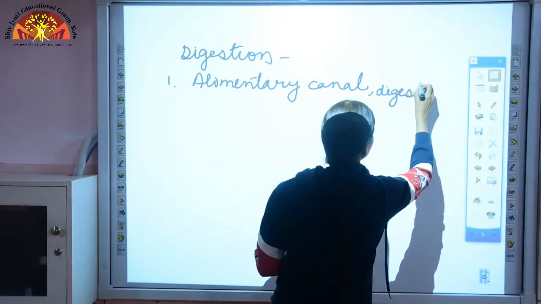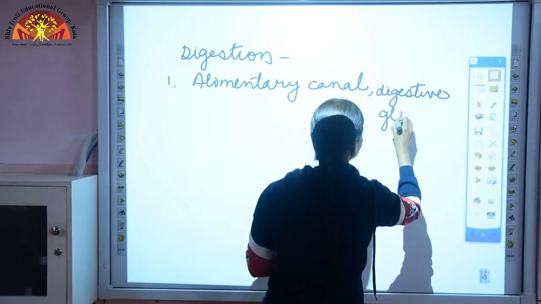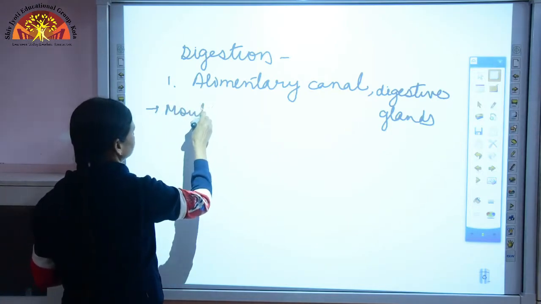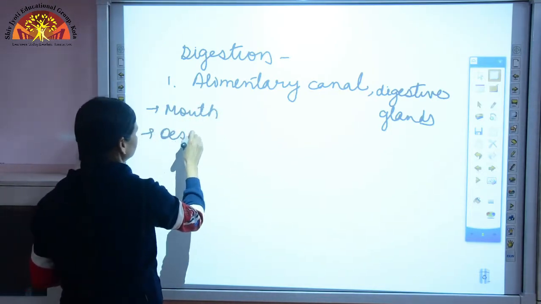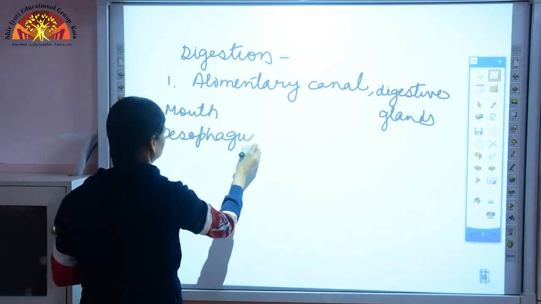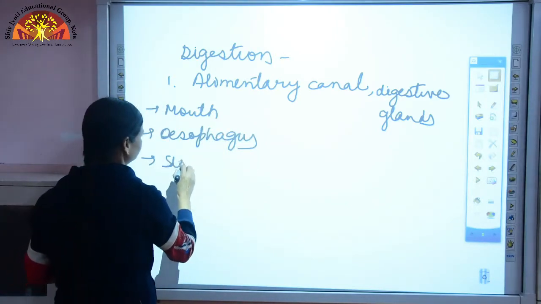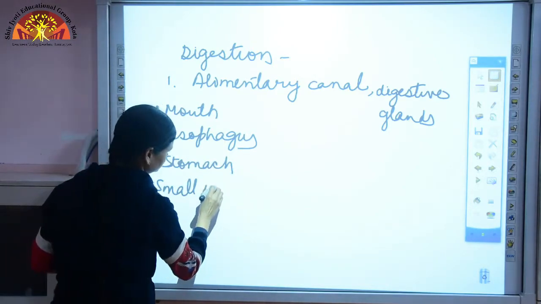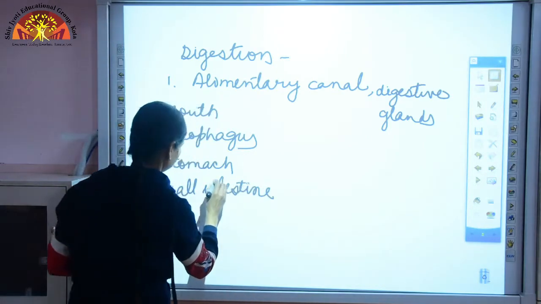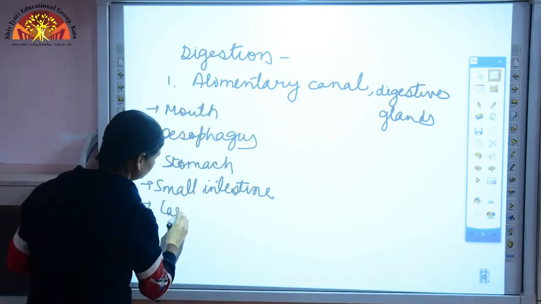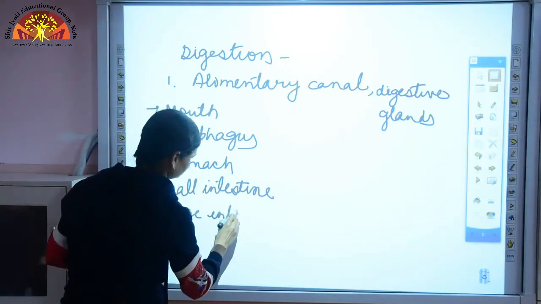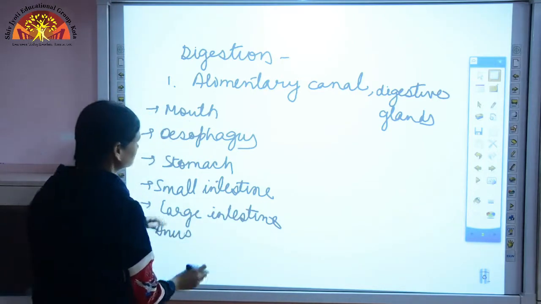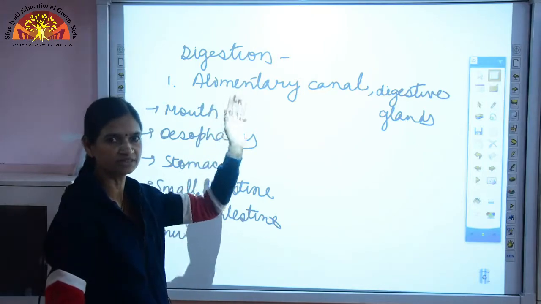In the alimentary canal there are the mouth, esophagus, then stomach, small intestine, then large intestine, and last anus.